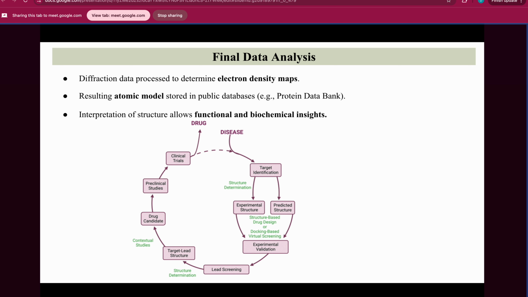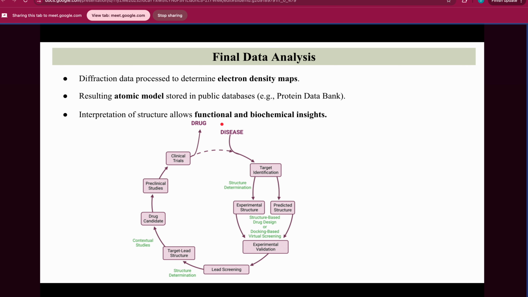So not for the entire protein, we need to find a certain region in that particular protein molecule. For example, if we know the surface residues which are charged in nature or which are majorly involved in interactions, then for that particular site, we can design some small molecules which can bind to that site. So in that way, the target region is identified and then drug candidates are designed. Then come clinical trials and ultimately the drug is designed.